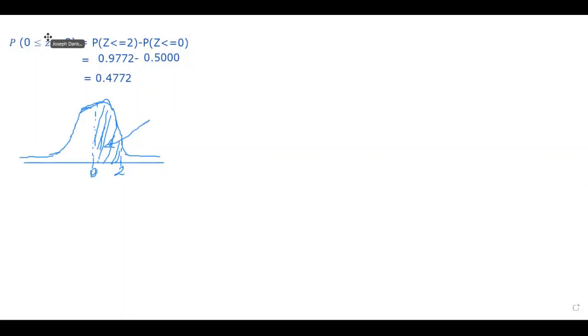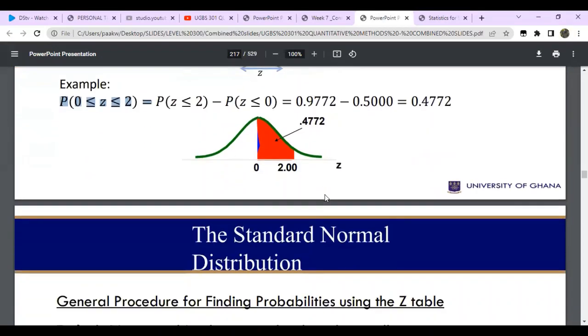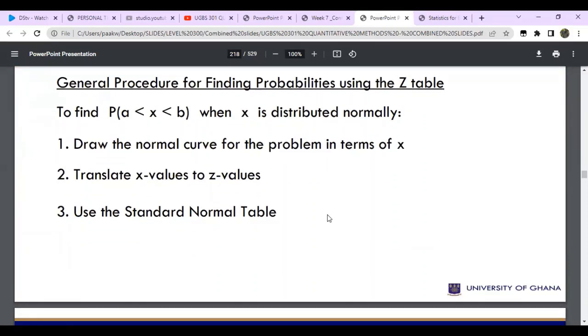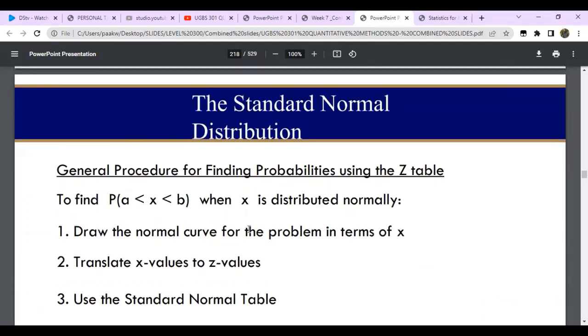Right. So let's take a different question. When you see your question, just transform it to Z, or standardize, before you draw the curve.